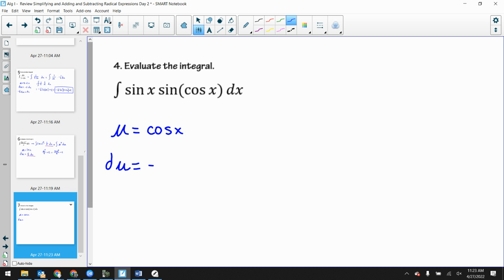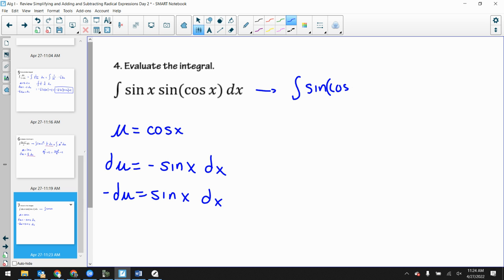Negative sine x dx. Which then I can flip the negative over to the other side, so negative du is equal to sine x dx.